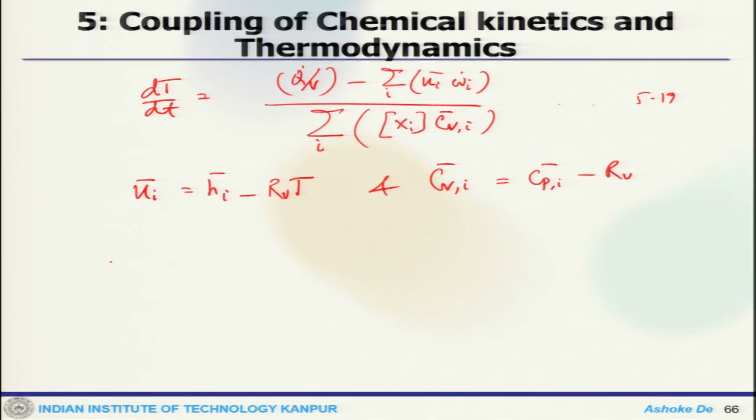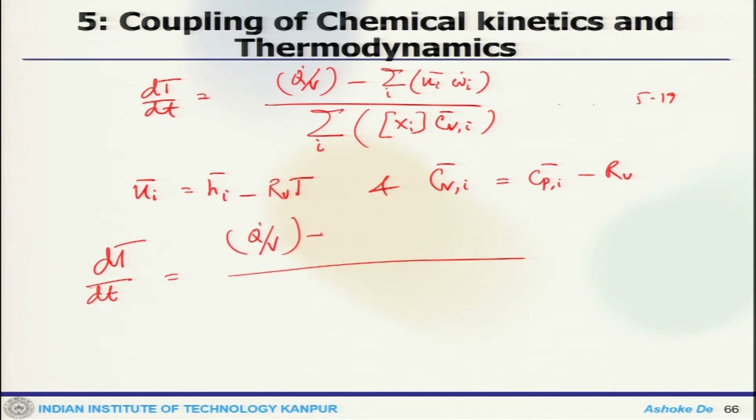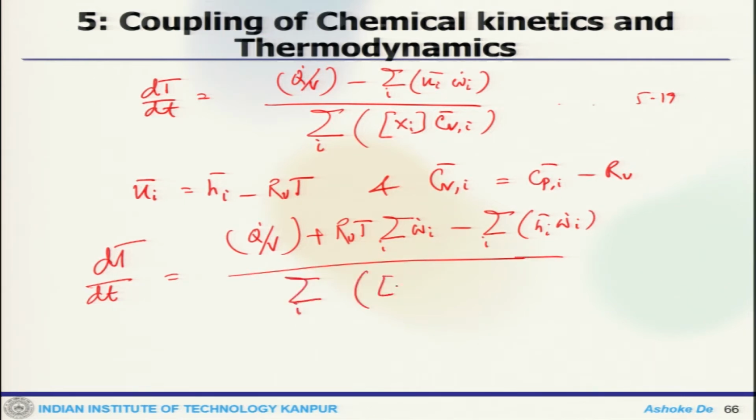So, once we put them back, we get dT/dt equals Q dot by V plus summation of I omega dot I minus h I by summation I CPI minus RU.